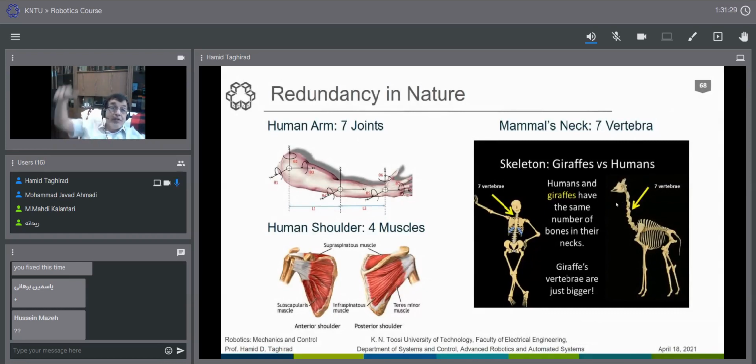Don't look at the very long neck. The number of vertebrae is 7, 1 degree of redundancy.